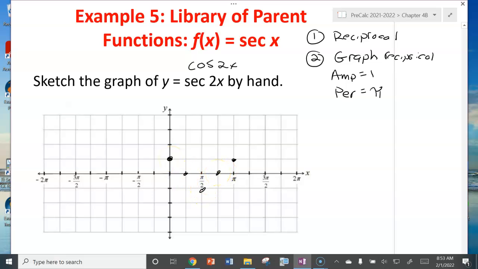So there's our critical points. So it looks like this, and it keeps going. Goes the other way. Just keeps going.